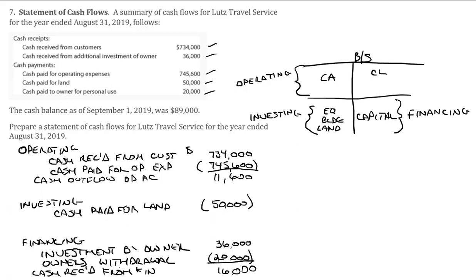Okay, so if I add these up, it's going to be a net cash outflow. 11.6 is a cash outflow, isn't it? So we've got 16,000 minus 50,000 minus 11,600, a net cash outflow of 45,600.